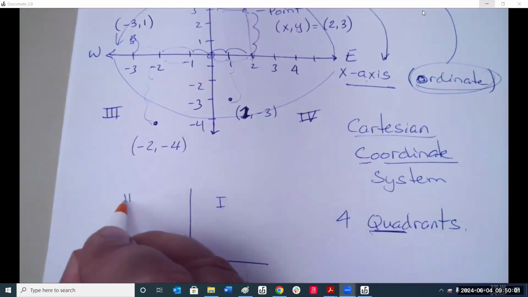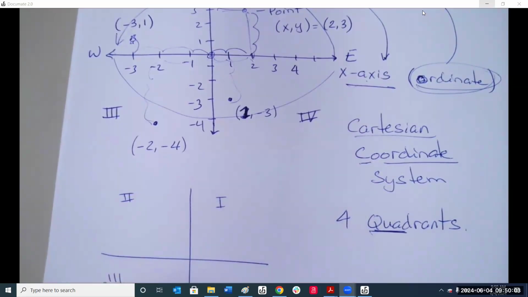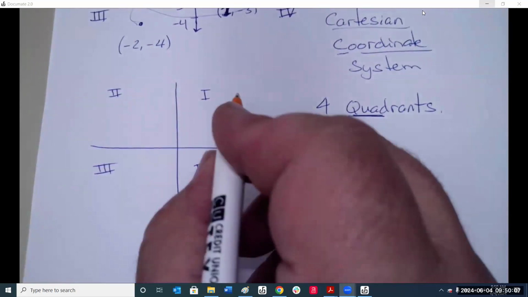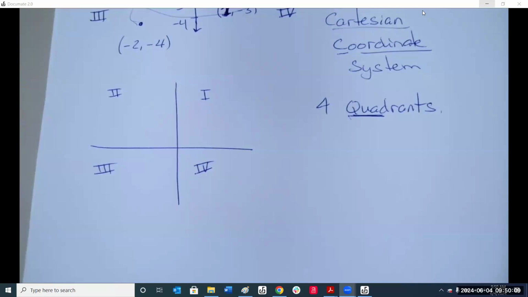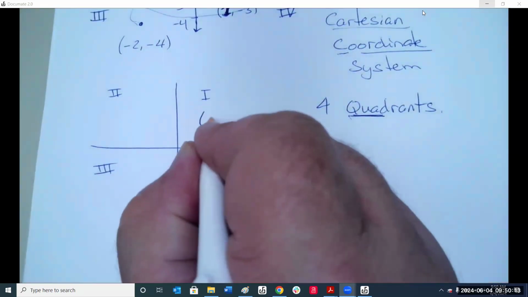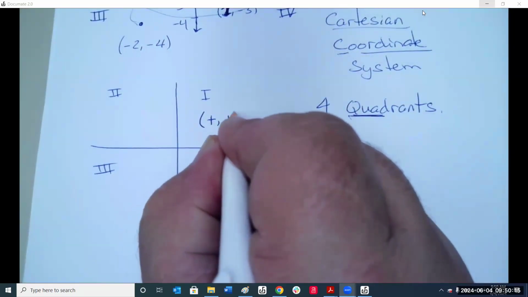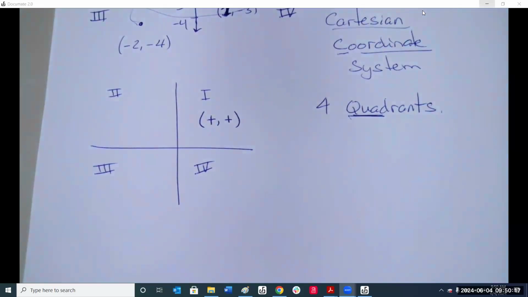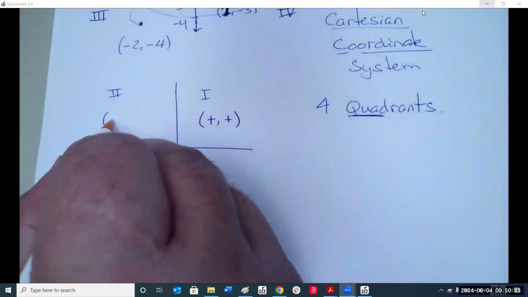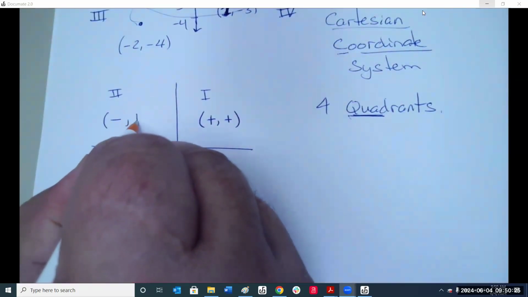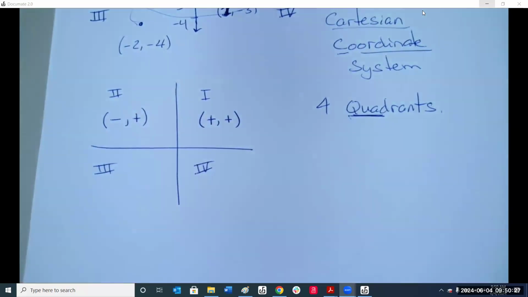And in each of these quadrants, we notice that the points have unique sign coordinates. In the first quadrant, both numbers are positive. In the second quadrant, the first number is negative, the second one's positive.